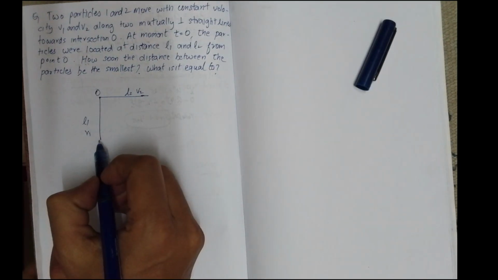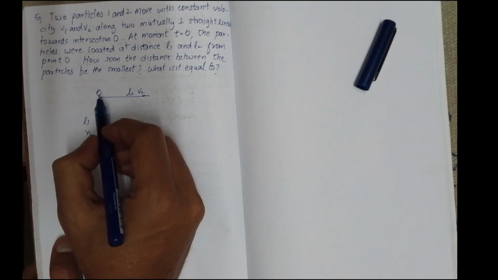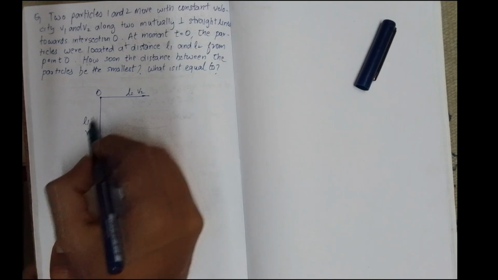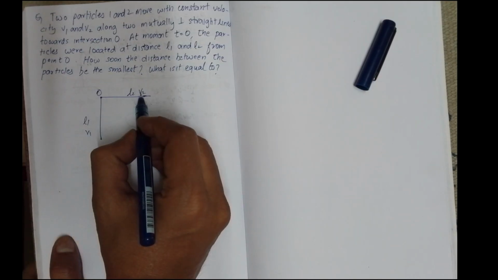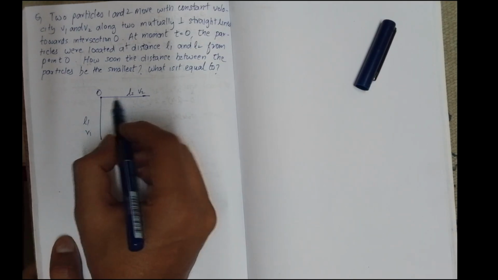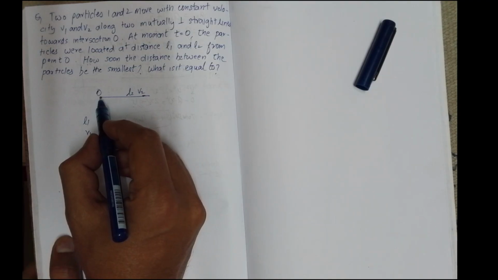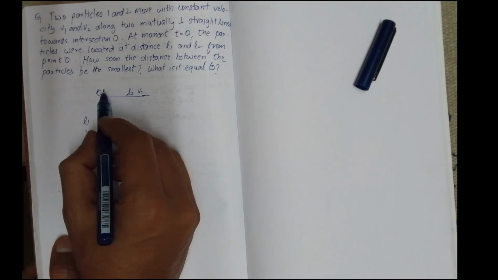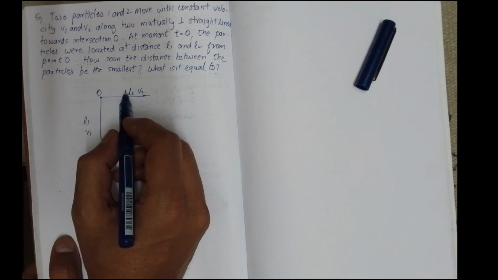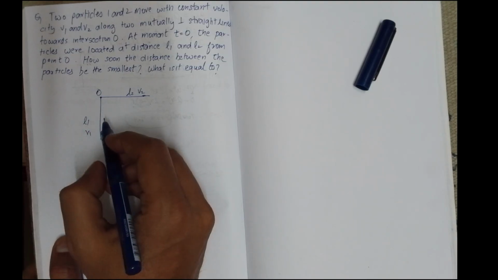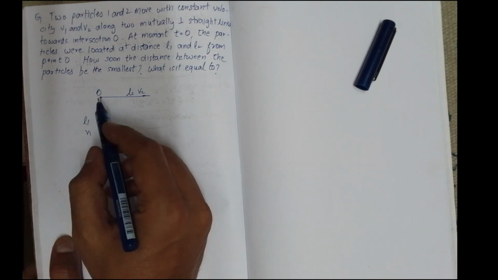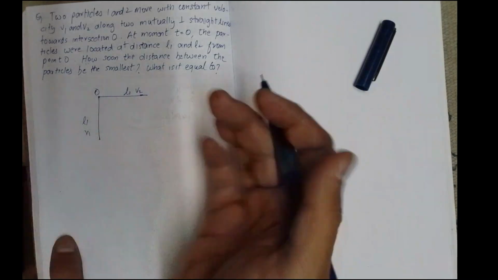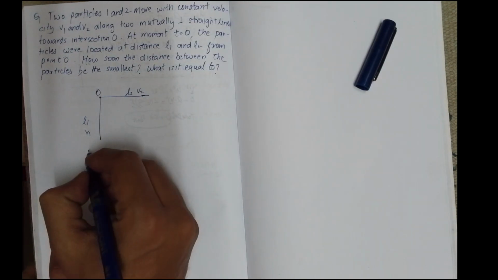So as I've already drawn here, these are two particles 1 and 2 with velocities v1 and v2 at distances L1 and L2 from this point O, and they are moving in mutually perpendicular straight lines. So the distance between these particles after time t will be equal to how much?